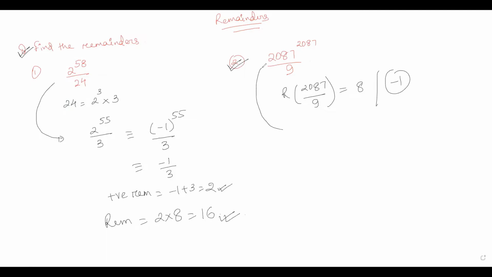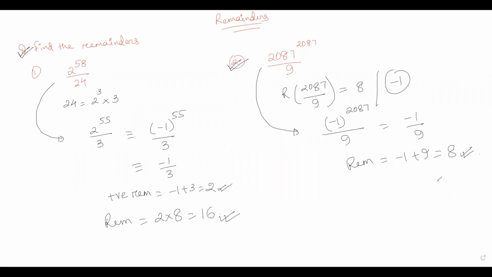So the remainder of this can simply be written as -1 raised to power 2087 divided by 9, which would be -1 upon 9, because -1 raised to power some odd number would be -1. So -1 is a negative remainder. So the positive remainder or the actual remainder would be -1 plus 9, that would be 8.